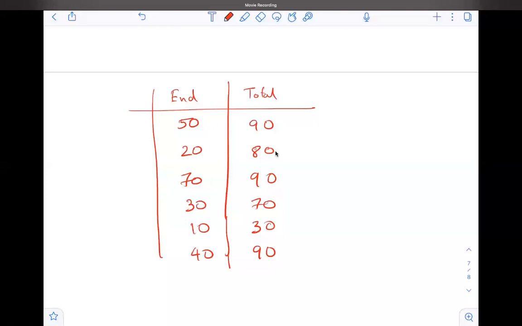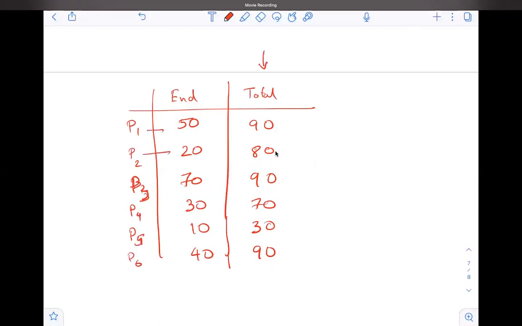I want to sort them. If I just sort them based on the total marks, what will end up happening? Say P1, P2, P3, P4, P5, P6.